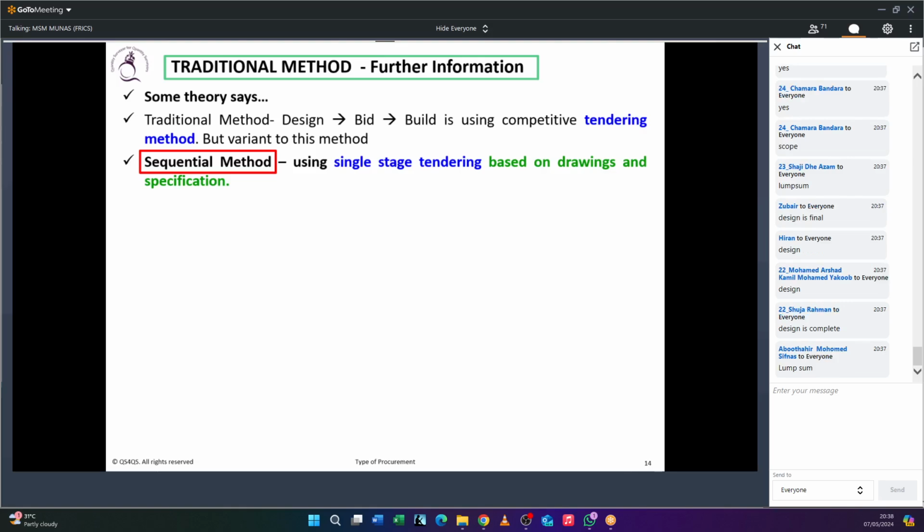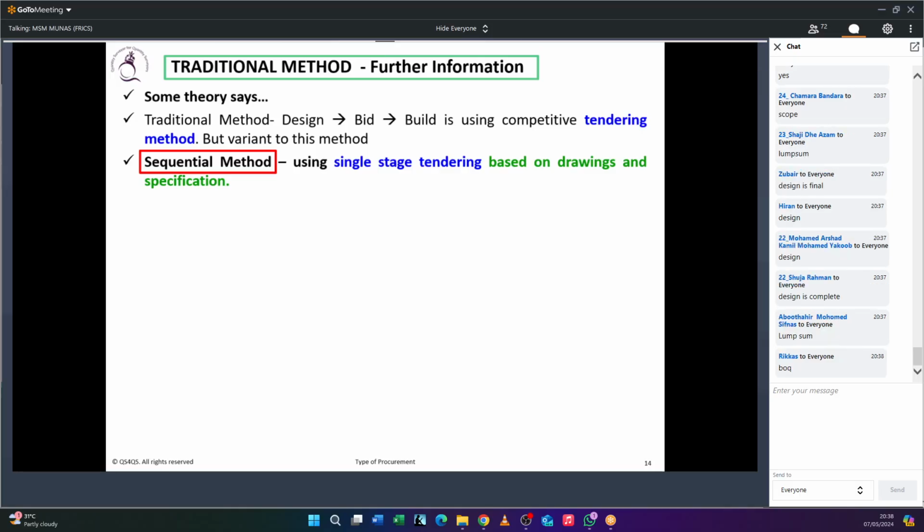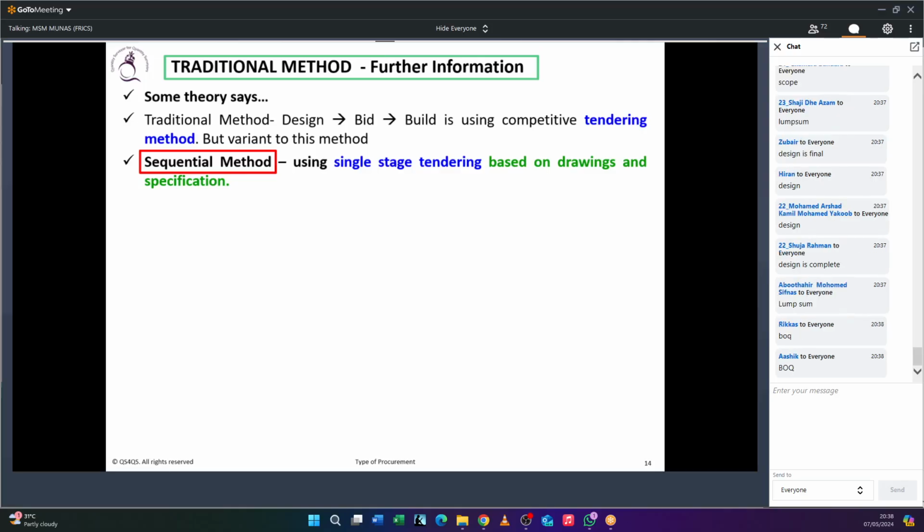Okay. So if you are using the single stage tendering based on the drawing and specification, what is missing here? There's one contract document missing here. What is that? BOQ. Yes. It's called the sequential method.